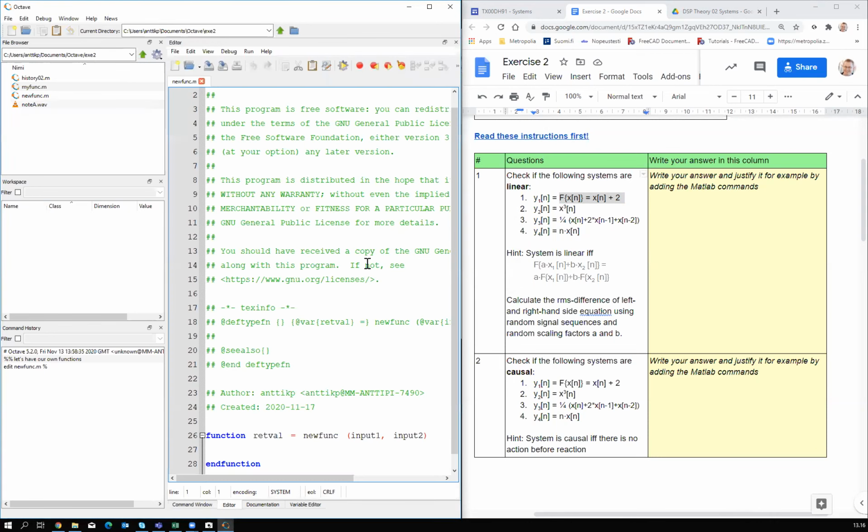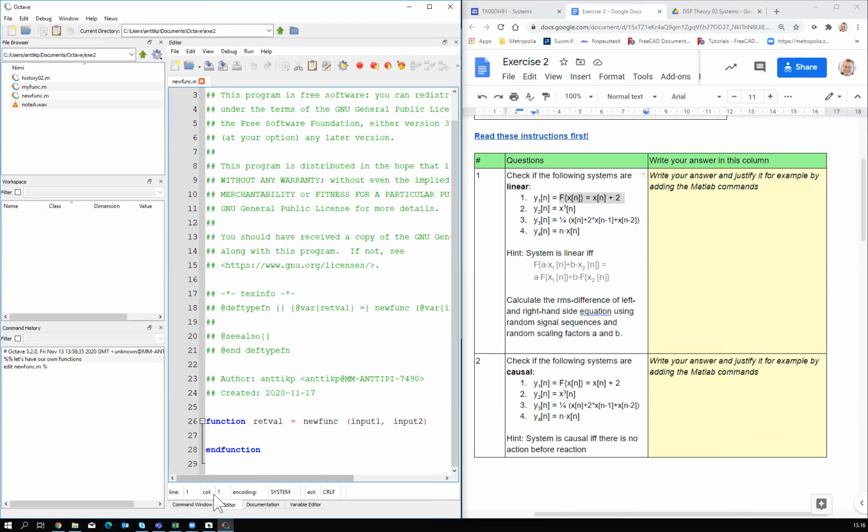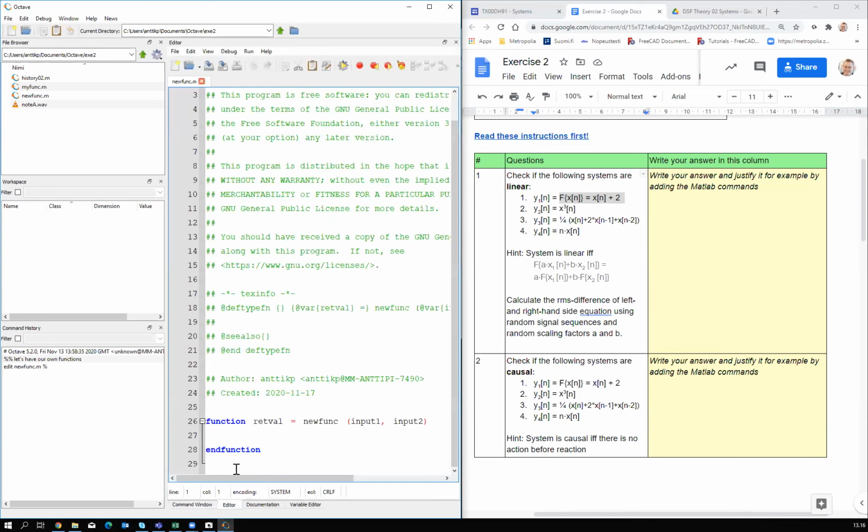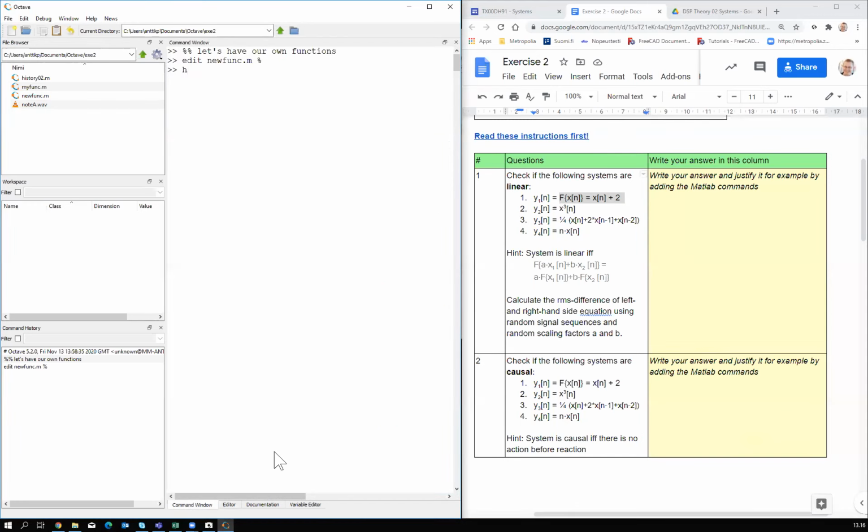The good thing is that Octave gives you the function prototype, everything that you need, with the copyright there. You can use this one as a prototype. If you now just click on edit, editor, save that one to new func, and then write help on new func.